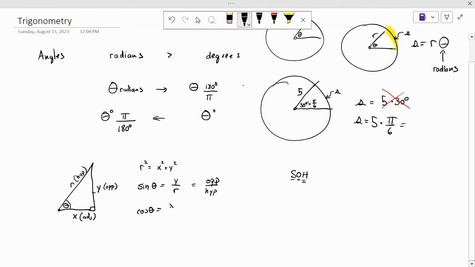Cosine is adjacent over hypotenuse. So that's the CAH part of SOH CAH TOA. And the tangent is just the sine over cosine. So you'd say it's y over x, or opposite over hypotenuse. Sorry, opposite over adjacent. So that's the TOA.